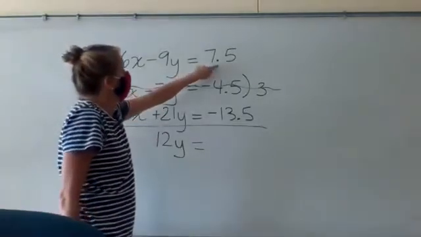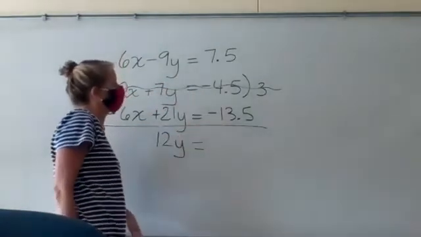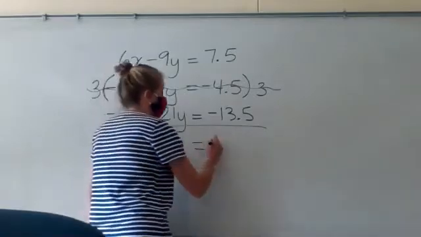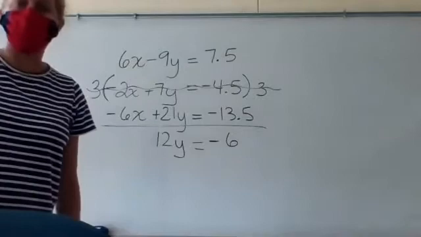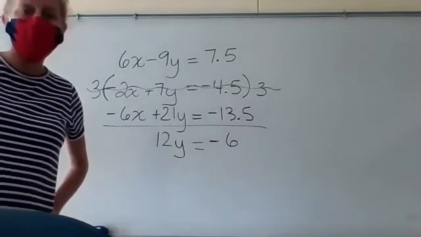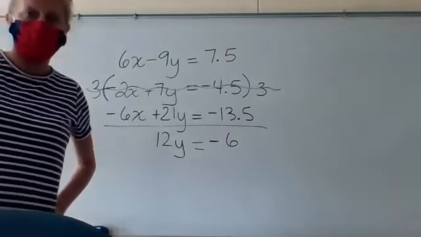Add the other side, 7.5 and negative 13.5 gives me negative 6. Okay, just punch that in your calculator, 7.5 minus 13.5.